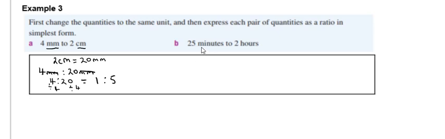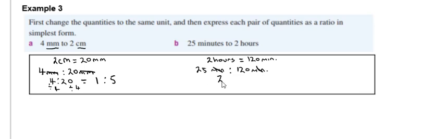Alright, part B, we've got 25 minutes to 2 hours. Let's change the 2 hours into minutes. So 2 hours is 120 minutes. Now I have 25 minutes to 120 minutes. Because the minutes are common, we can cross them off.